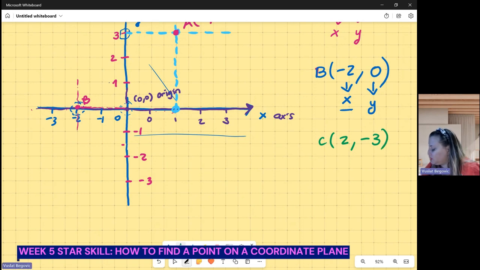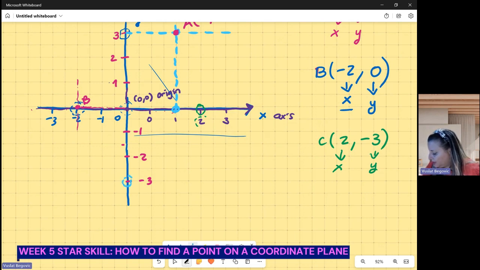So when I am looking at it, I have to first mark this one X, and then this one is Y. I need to look for the 2 in the x-axis, this horizontal number line. I find my 2 here. And then my -3 in the vertical axis here.